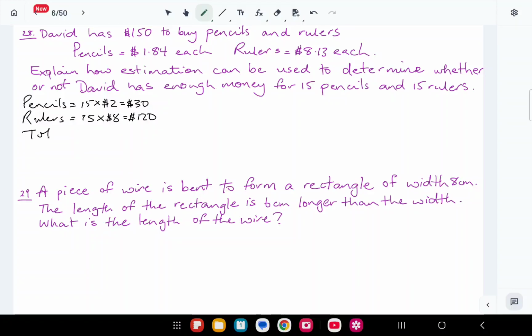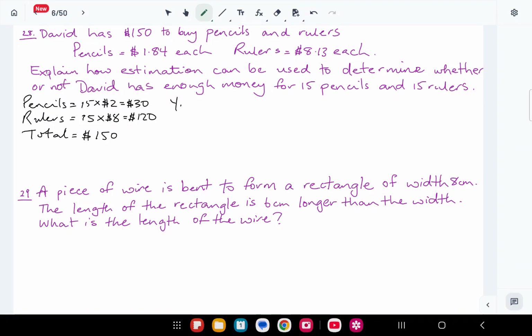So the total cost, based on the estimates that we do by rounding off, is $150. And he has $150. So based on this, we will see that he has sufficient money.